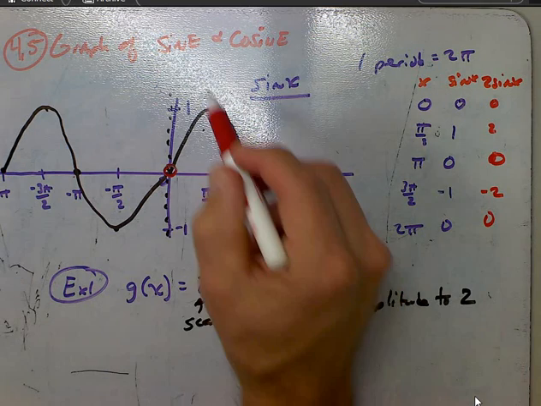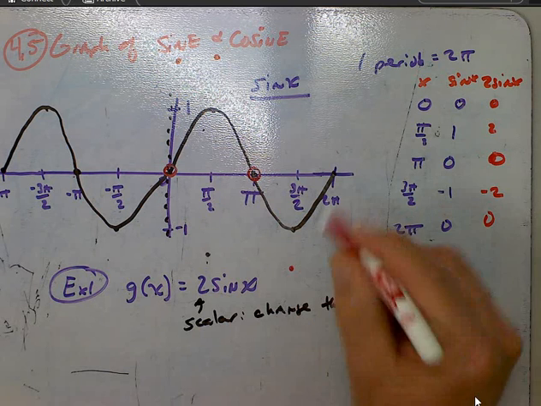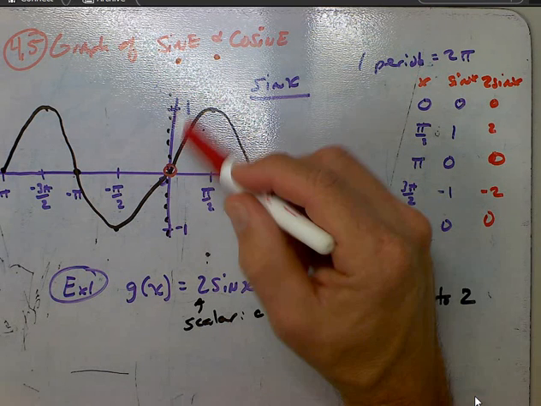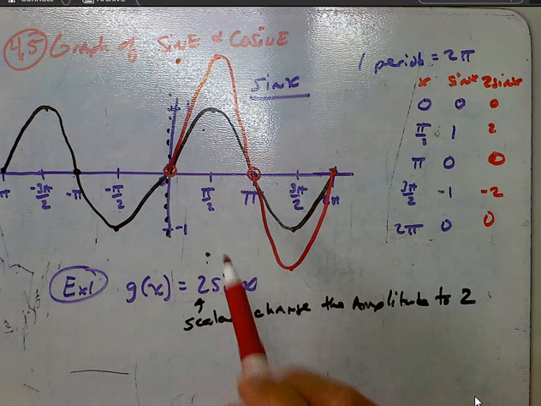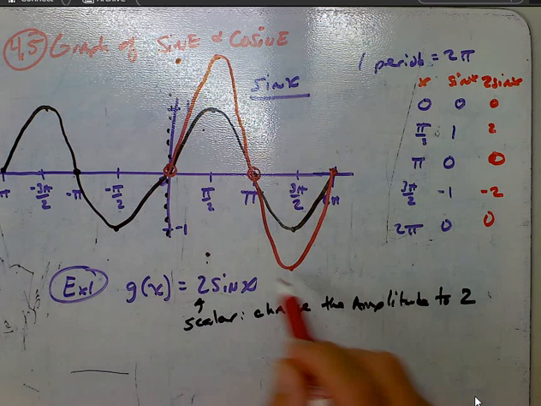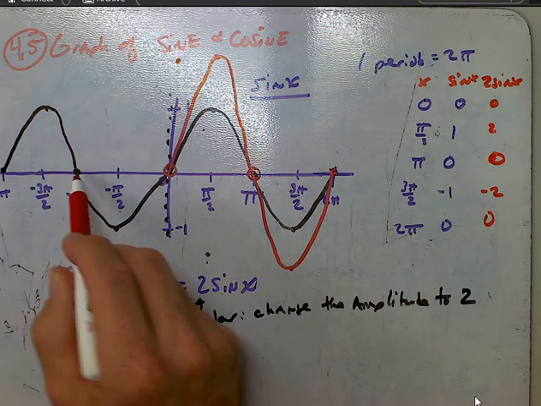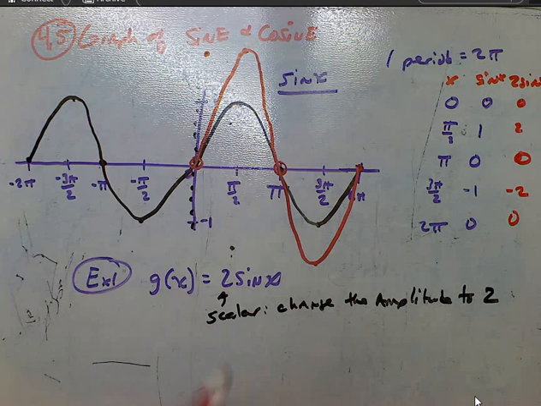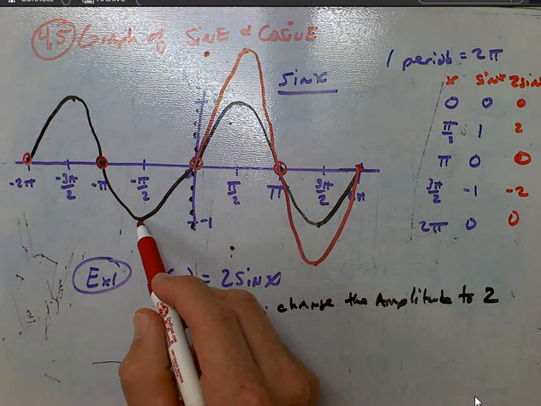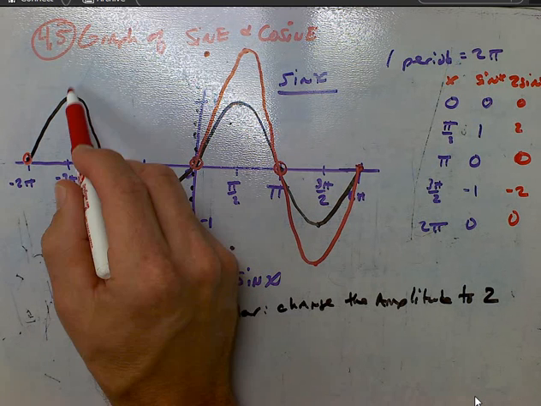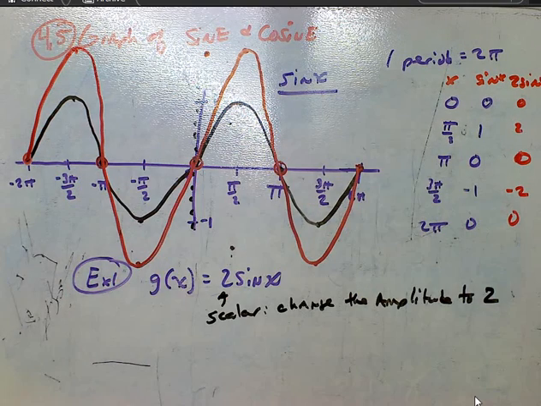Now we go up to 2, this spot stays the same, go down to -2, and this one stays the same, so the red graph is 2 sine x, and essentially just stretches the graph out, but the way it looks is still the same. You take it over a second period, multiply each one of these points by 2: -2 pi is 0, -pi is 0, 0 is 0, -pi over 2 is -1, so it becomes -2, this point instead of 1 becomes 2, and I draw the graph, and you can tell that it is exactly the same pattern.